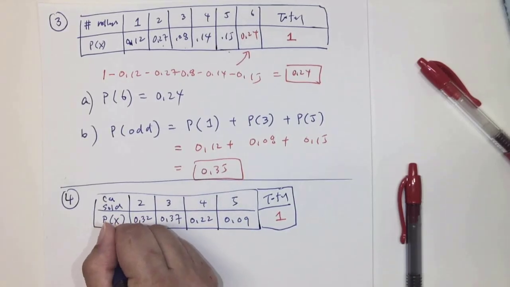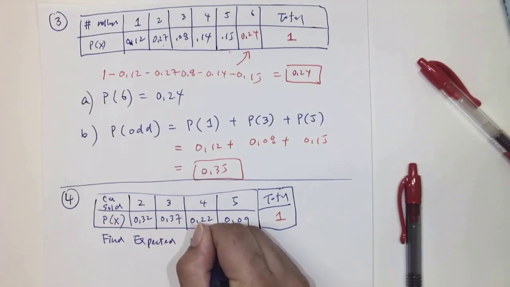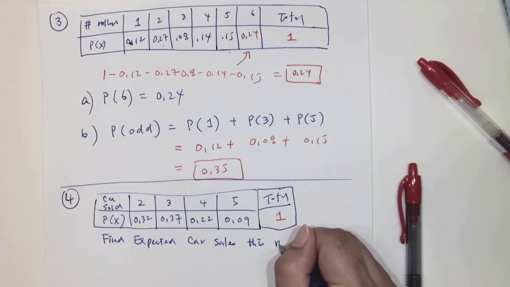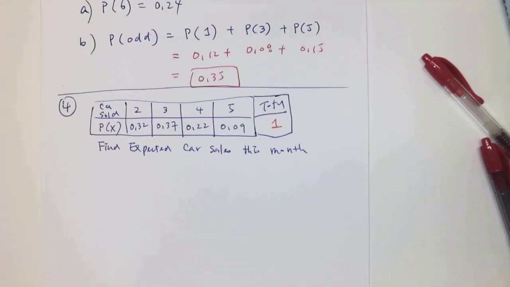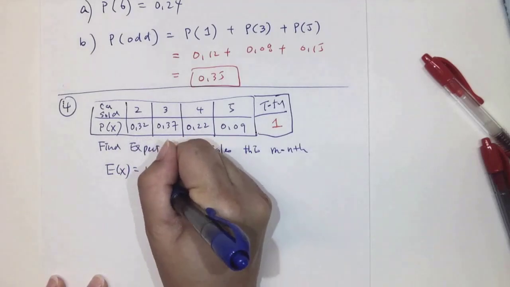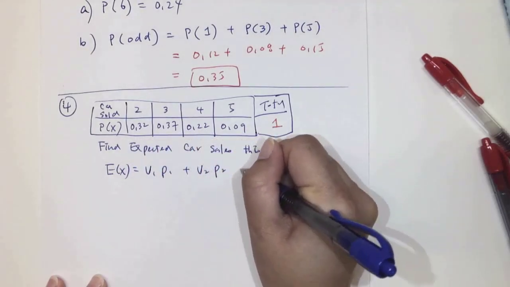So find the expected sales this month. What is the formula for expected value? Times the probability and you add them all. Yes, the expected value is going to be value 1 times probability 1, plus value 2 times probability 2.